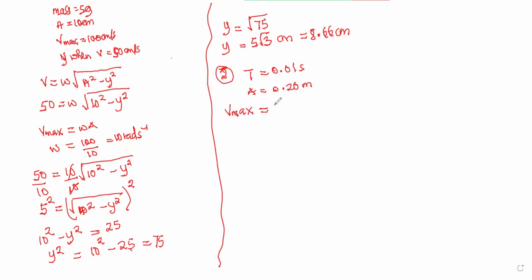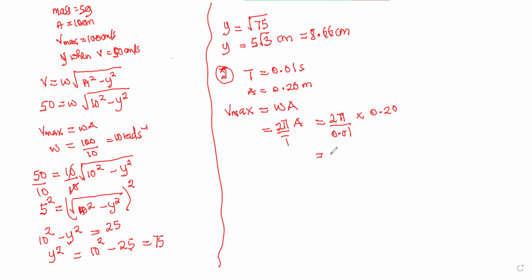And this is given by omega times the amplitude. Omega is also 2 pi over the period. And we have everything. 2 pi divided by 0.01 times the amplitude, which is 0.20.